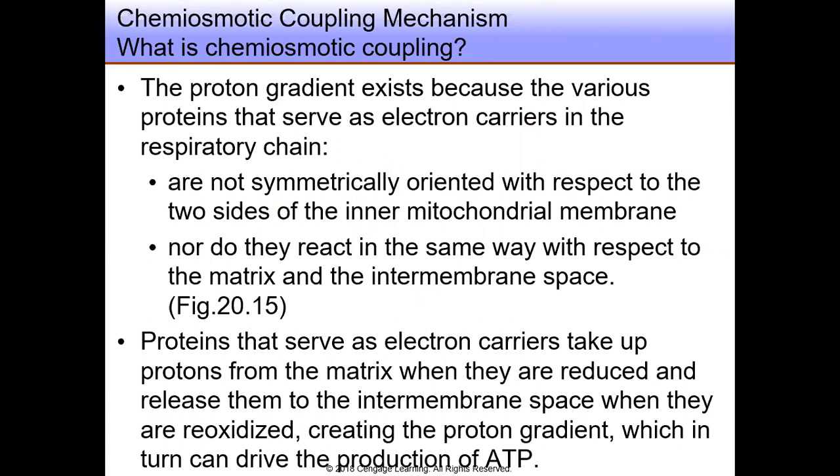Chemiosmotic coupling mechanism. What is chemiosmotic coupling? It is the mechanism for coupling electron transport to oxidative phosphorylation. As I said, it requires a proton gradient across the inner mitochondrial membrane.